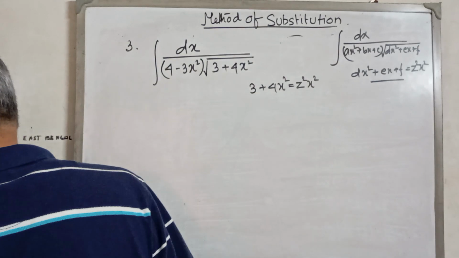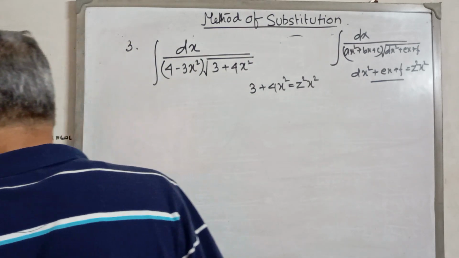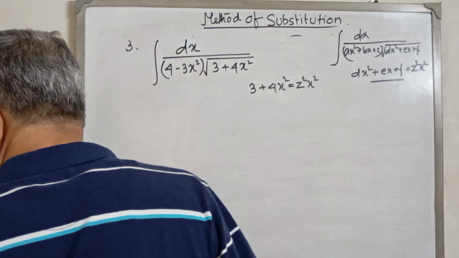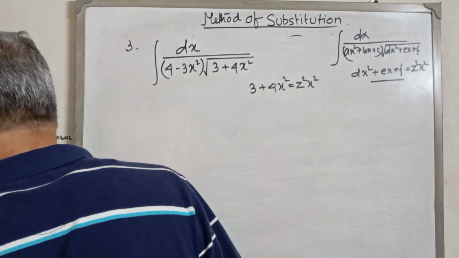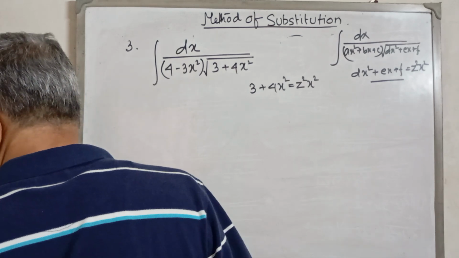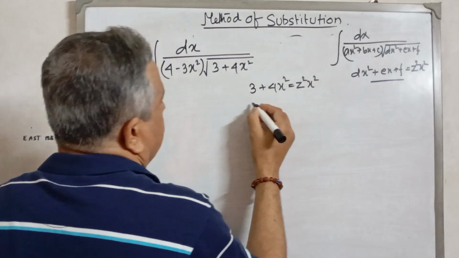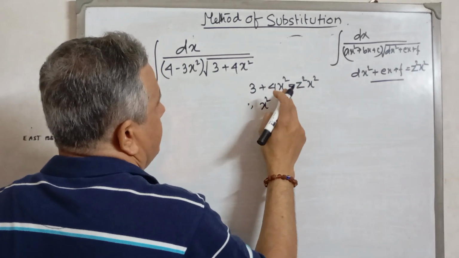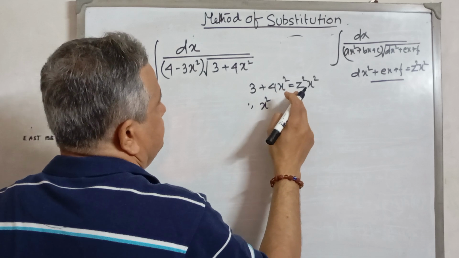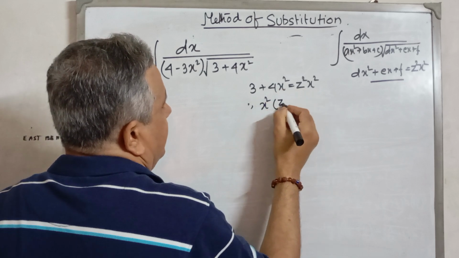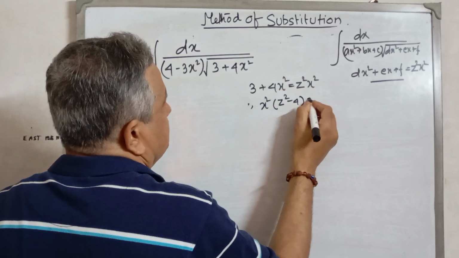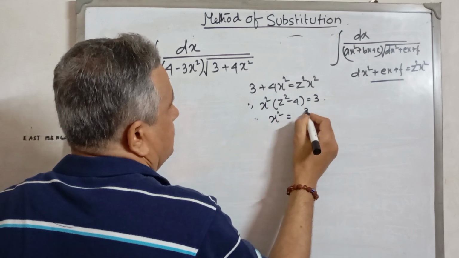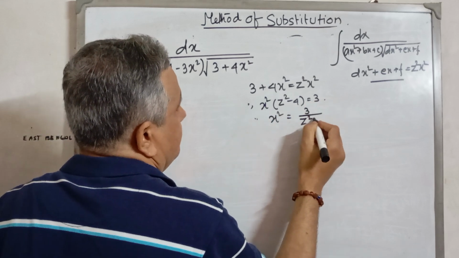Now simplify the problem. Here we can write x square into z square minus 4 is 3, or x square is equal to 3 by z square minus 4.